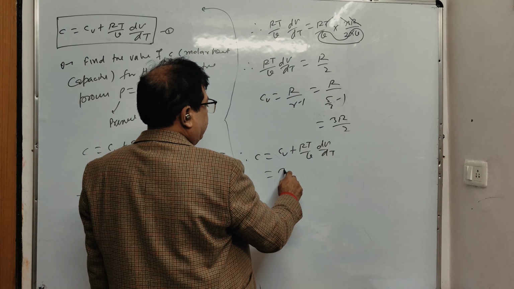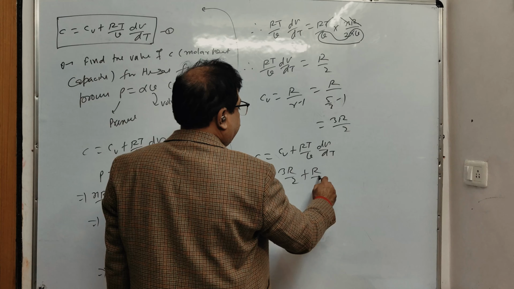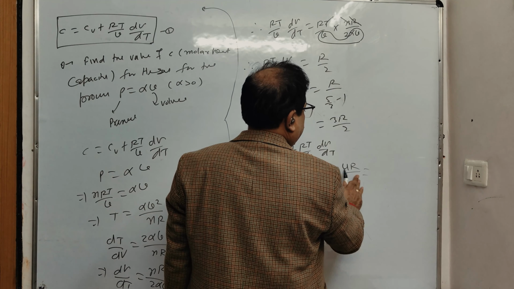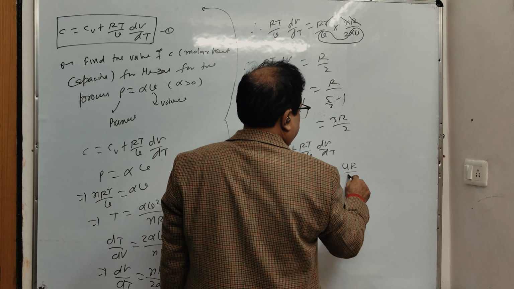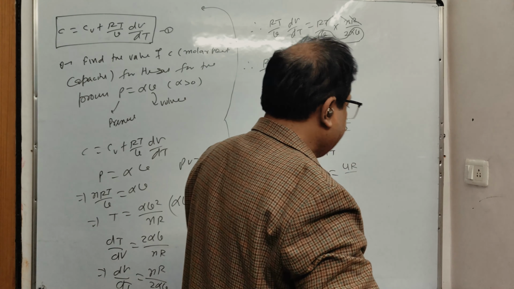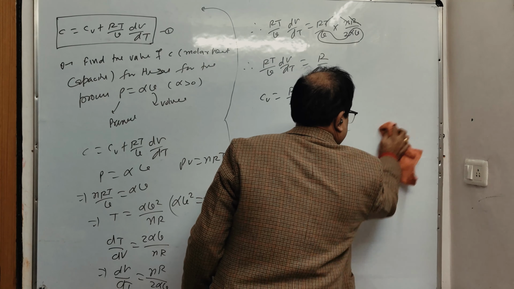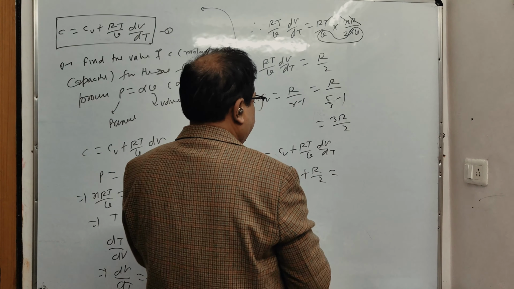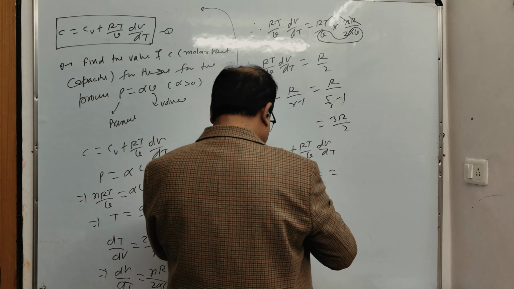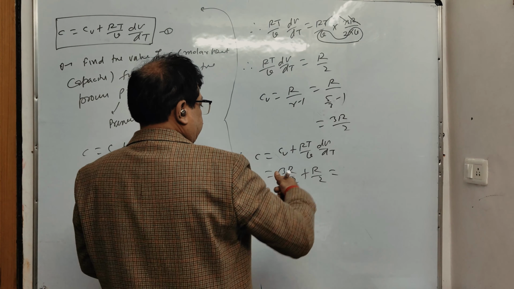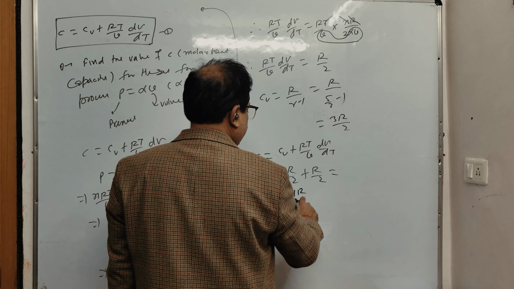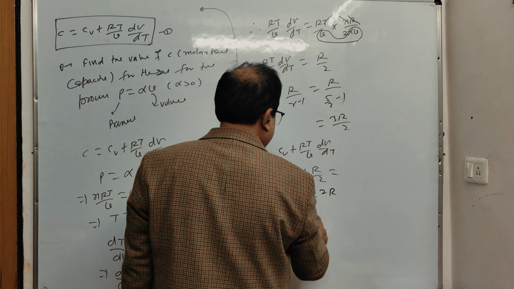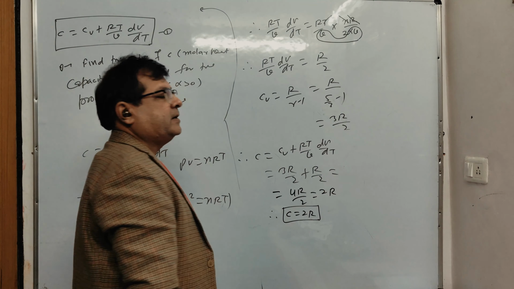So this is 3R by 2 and that is R by 2, so this is 4R by 2, which is 2R. Therefore, for this process, the value of molar heat capacity is 2R.